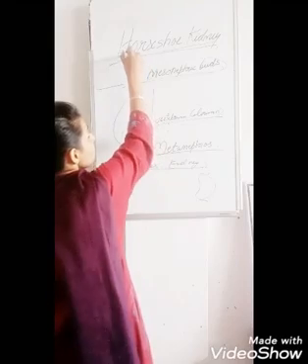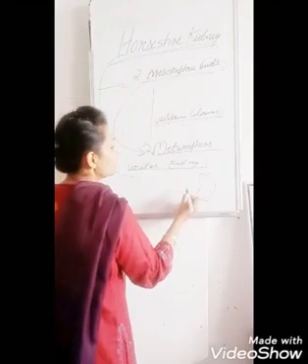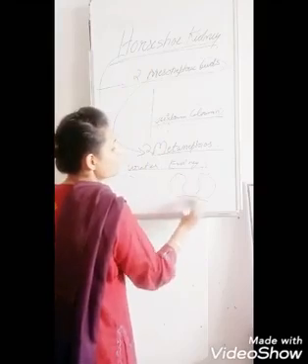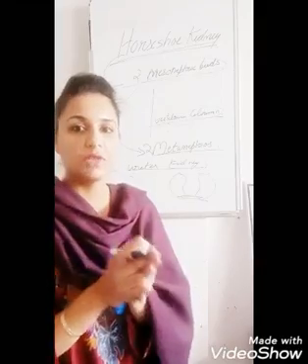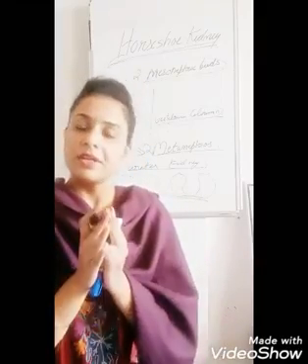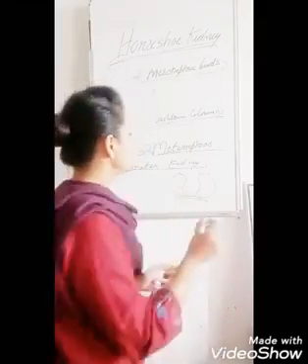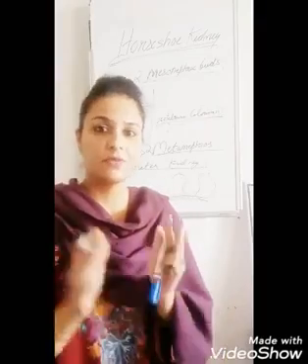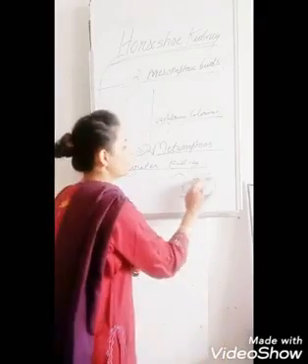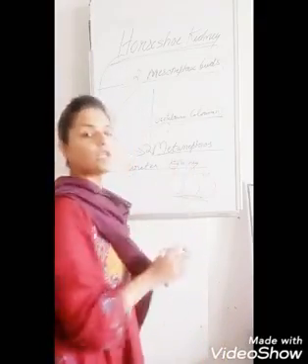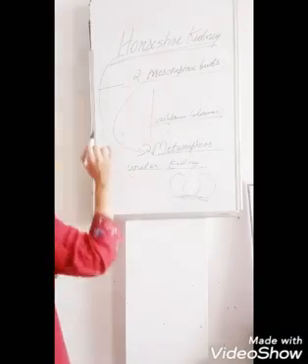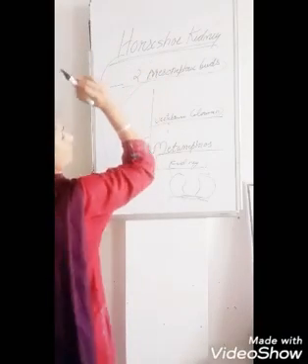But in the case of horseshoe kidney, there is fusion of the lower pole. Generally the fusion occurs in the lower pole, but in rare cases the fusion can occur in the upper pole also.